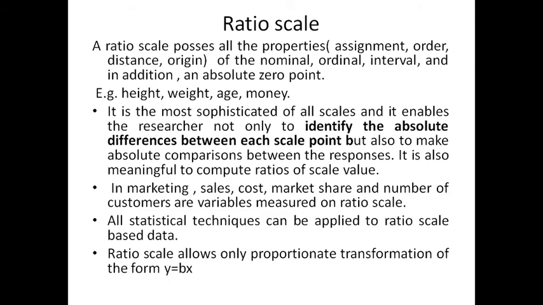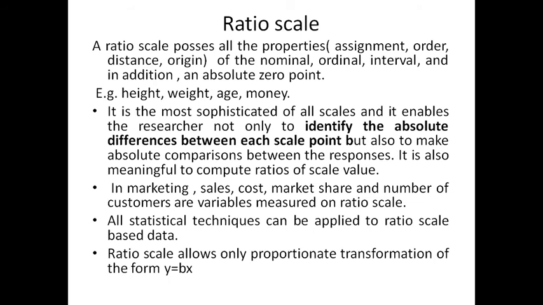Now ratio scale is the most sophisticated of all scales, and it enables the researcher not only to identify the absolute differences between each scale point, but also to make absolute comparisons between the responses. It is also meaningful to compute ratios of scale values. In marketing, sales, cost, market share, and number of customers are variables often measured on ratio scale. All statistical techniques can be applied to ratio scale based data.